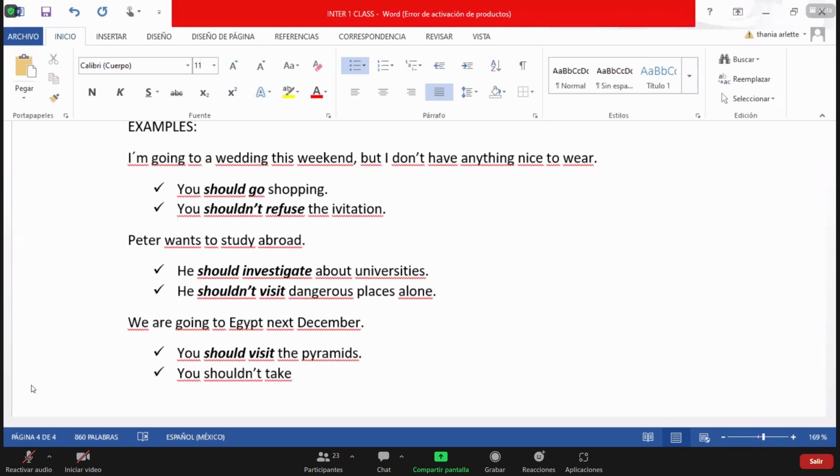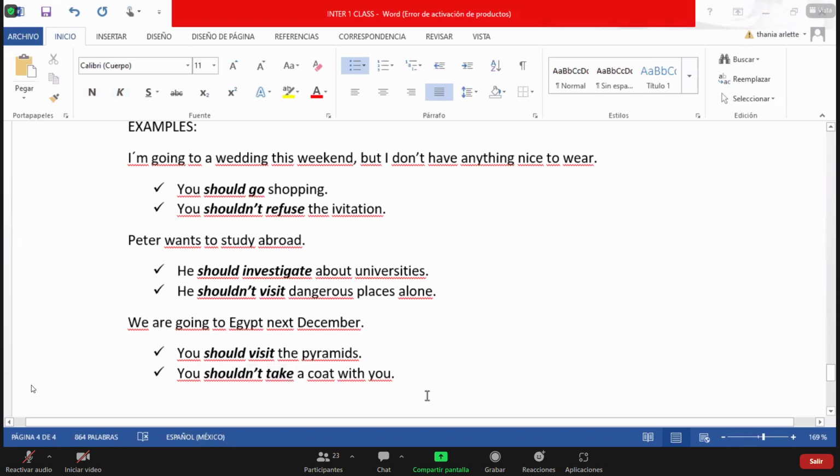So an example is a coat. You shouldn't take a coat with you. Don't take warm clothes. They are not going to be useful for you. It is a bad idea. Don't do it.